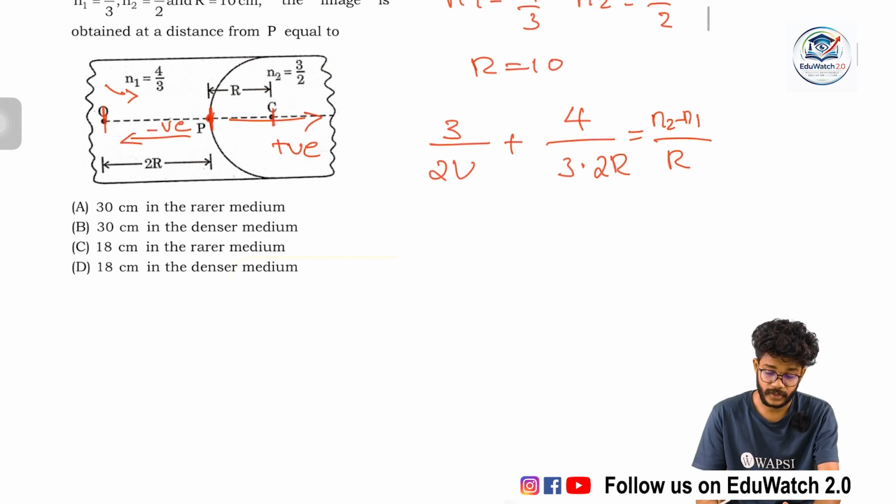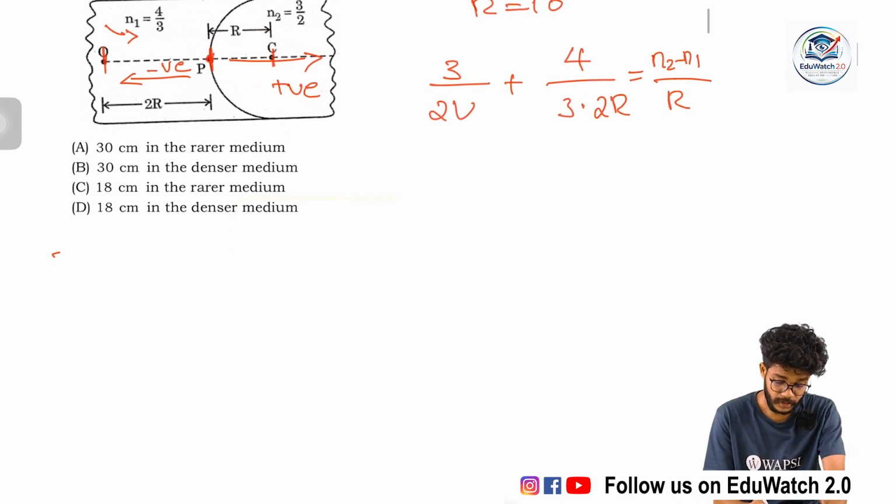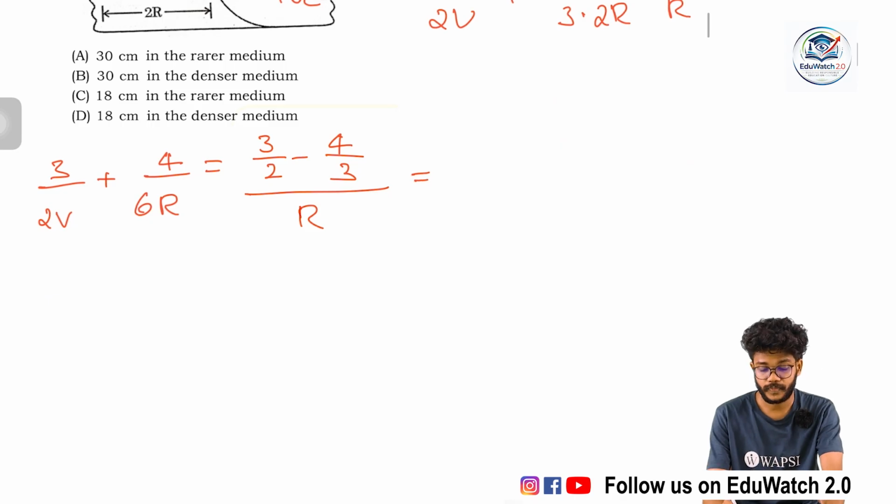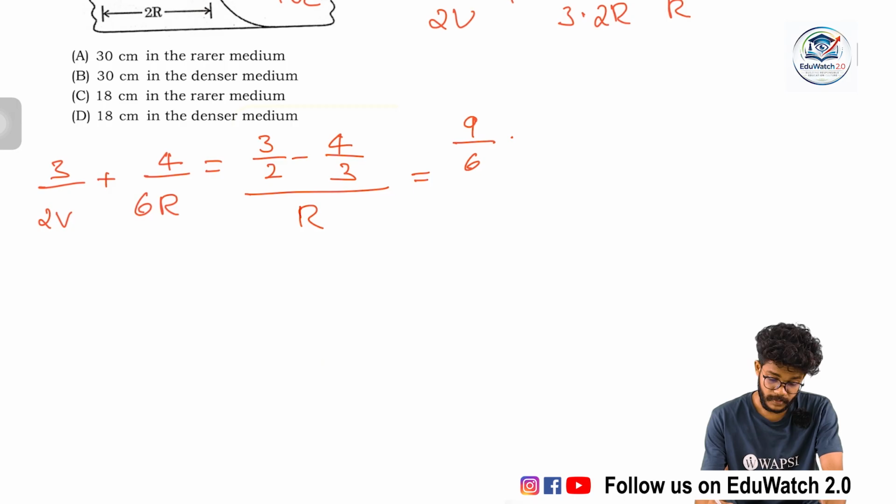Okay, so we can solve the equation. 3 by 2v plus 4 by 6R is equal to n2 minus n1. n2 is 3 by 2 minus n1 is 4 by 3, all divided by R, which is equal to 9 by 6 minus 8 by 6 divided by R, which is equal to 1 by 6R.